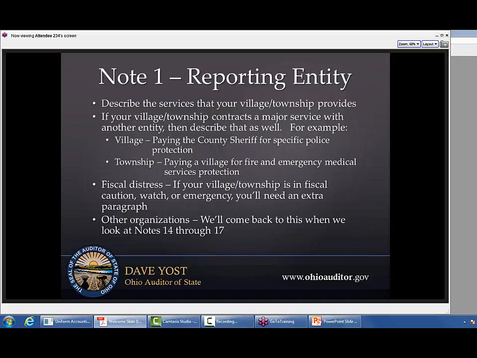They're set up the exact same way as the examples you have in the PDF. So when I talk about Note 1 or Note 2 in these slides, they relate to the notes in the PDF samples that you receive. I know we have a lot of entities out there besides townships and villages, but those are the examples we're going to stick with for today.